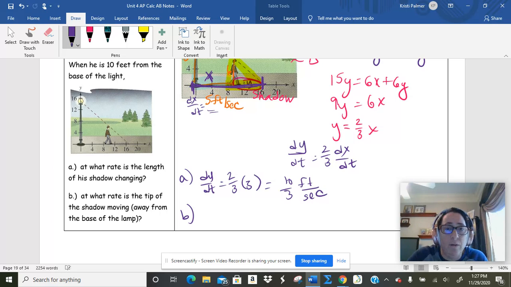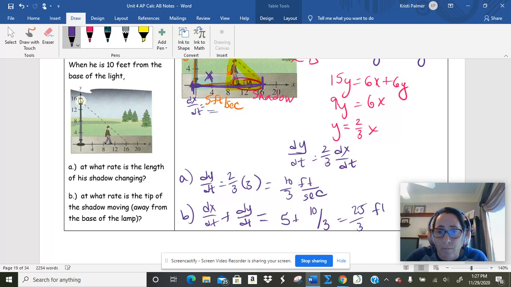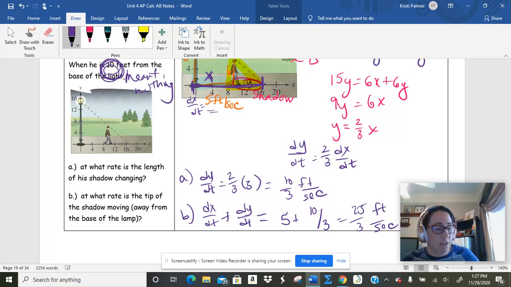So it wants this whole thing. So B is asking, what is dx/dt plus dy/dt? So here I can plug in that my dx/dt was 5 plus my dy/dt, and simplify if you want. So this 10 meant nothing, okay? That number is kind of useless for these.